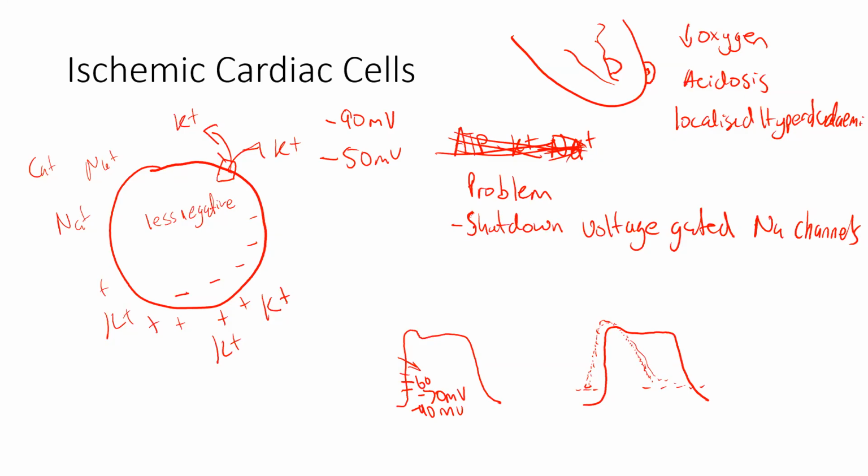Now, the reason why this is important is that these cells are less negative, and it's happening earlier because of their inherently less charged state, so it's actually happening during our phase 4. So it's creating what's called a current of injury.